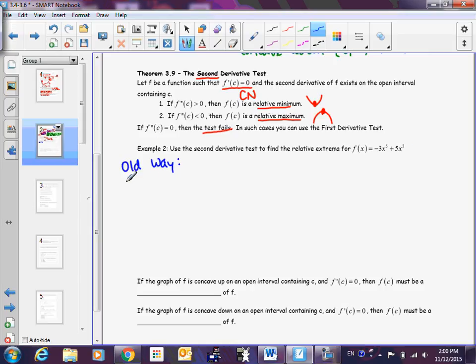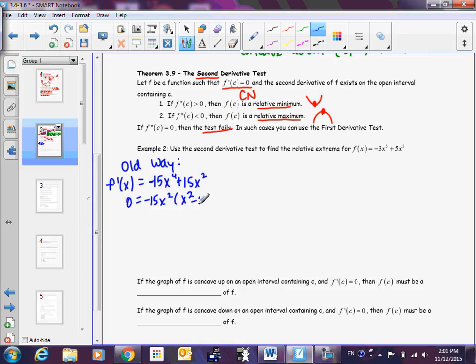So we have f of x. The old way, we found f prime. And that would be negative 15x to the 4th plus 15x squared. And so what would we have done with this yesterday? Factor, set it equal to 0. So I'm going to factor out a negative 15x squared.